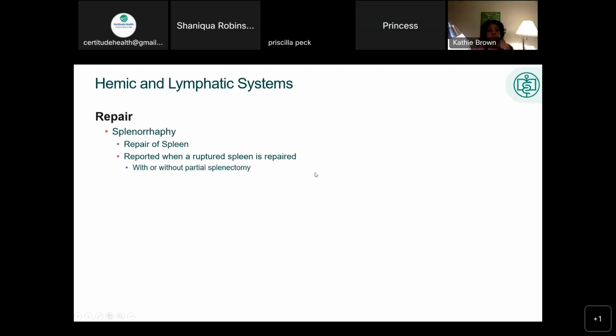Ain't that something? But a lot of times they will do that with or without a partial splenectomy, where they'll just take off the damaged part and then they'll still use the suture to close the edges of it, so it won't bleed. So, to avoid so much bleeding.